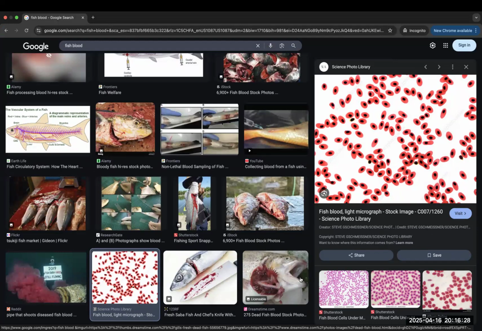So fish erythrocytes actually do have a nucleus. Amphibians also have nuclei, but for some reason mammals don't. I don't know the evolutionary reason for it. Maybe they don't need a nucleus, because the whole function here is to move oxygen and carbon dioxide around. It's not really there to divide and generate energy or anything like that.